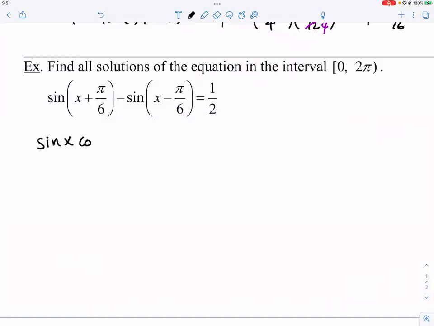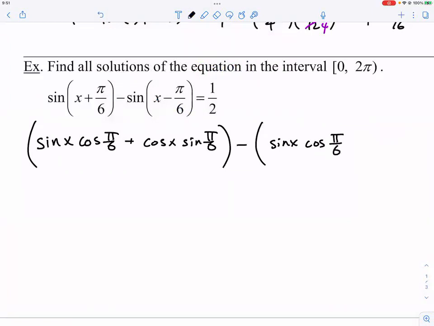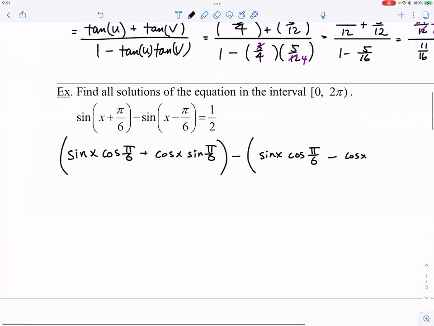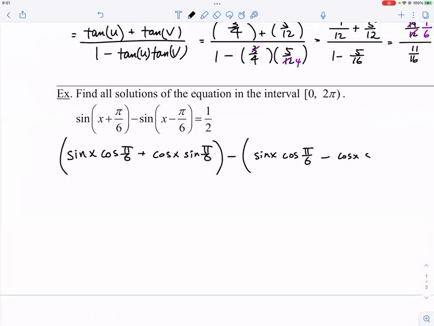So sine x cosine pi over 6 plus cosine x sine pi over 6. That's the first part. And then you have sine x cosine of pi over 6 minus cosine x sine of pi over 6. It's equal to 1/2. Okay.